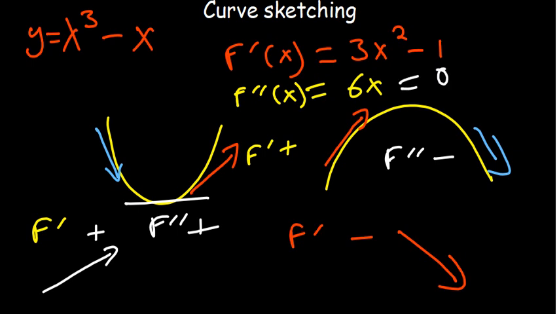So what exactly is a point of inflection? It's a point where the curve looks like this, with one part of a maximum and another part of a minimum. That is what we call a point of inflection. So understand this as we perform the sketching.